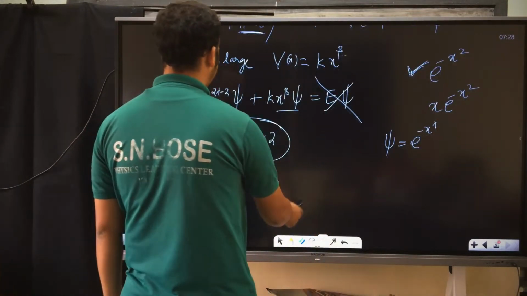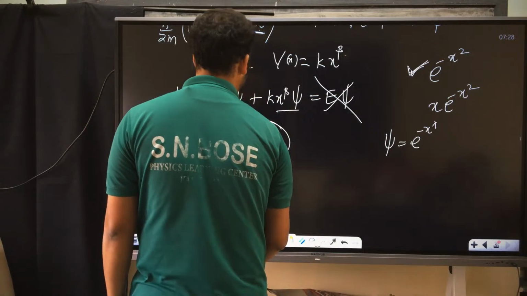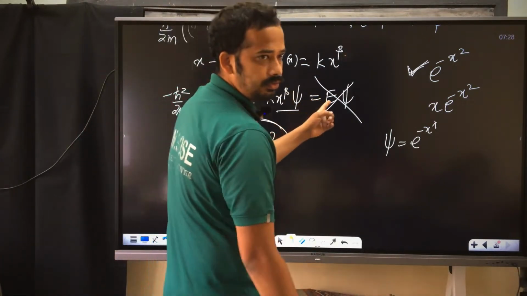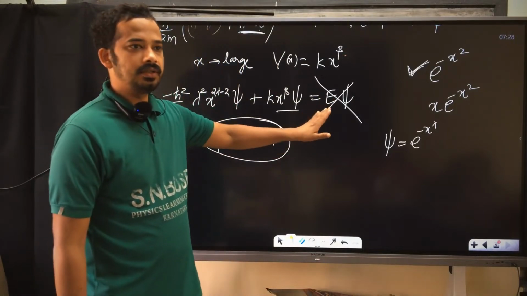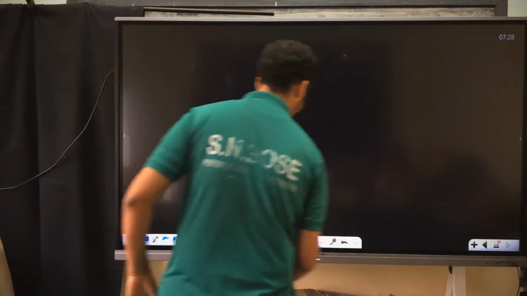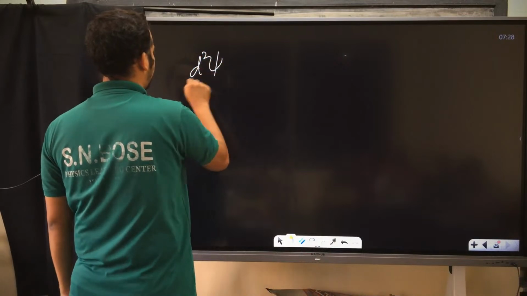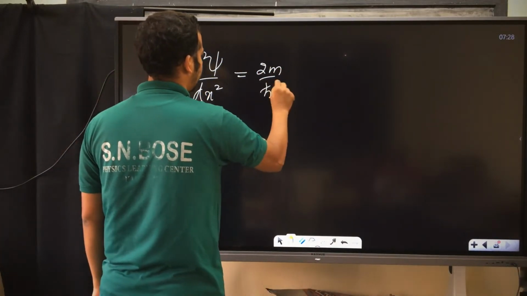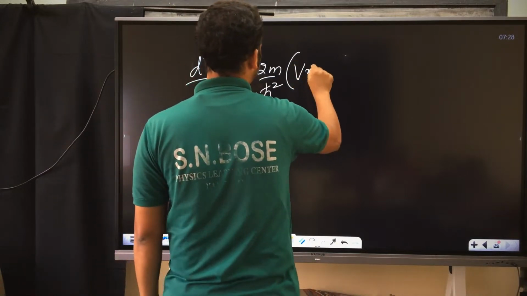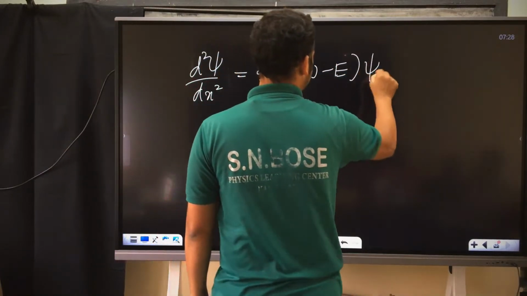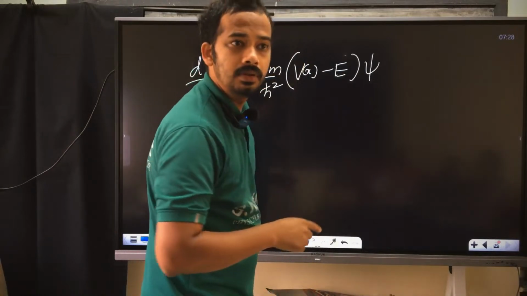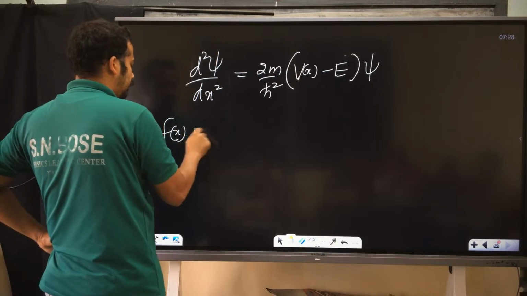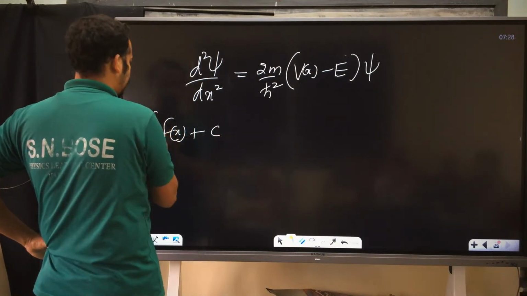Now look at here. Whatever variable you have, that should be related to the variable. Energy should be 0 here. Energy 0 means you have d square psi by dx square equal to 2m by h bar square into v of x minus e. Now this will be some function of x plus some constant, times psi.